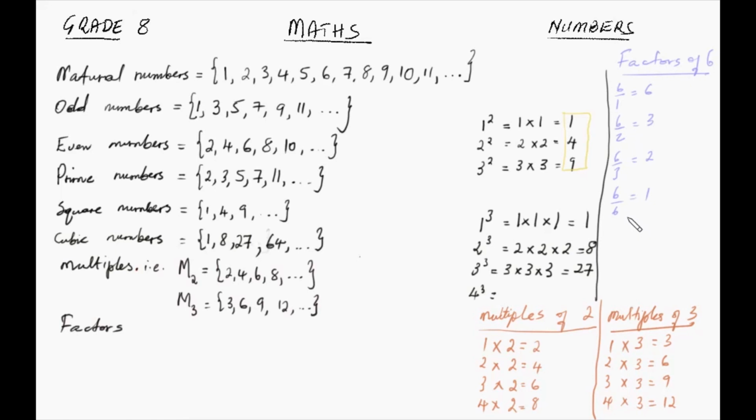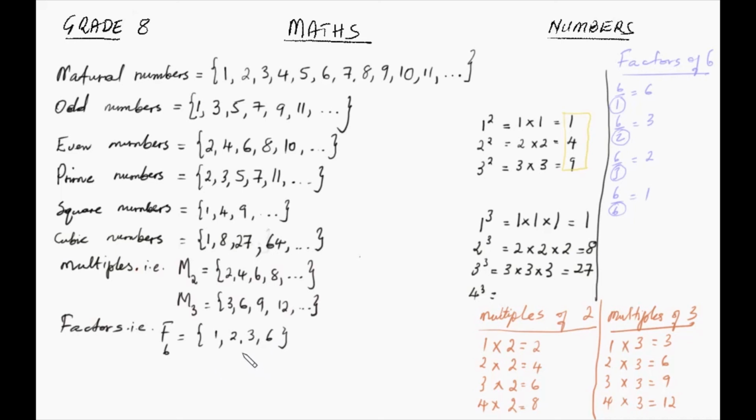Now, these numbers are factors of 6. So if we would use this symbol, we would say factors of 6, f suffix 6, we would have what? We would have 1, 2, 3, 6. These are the factors of 6.